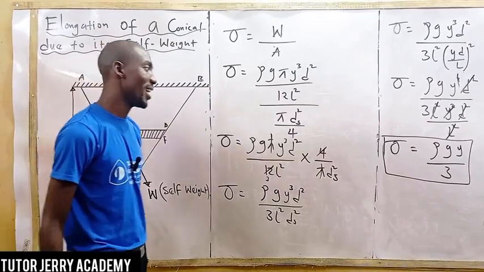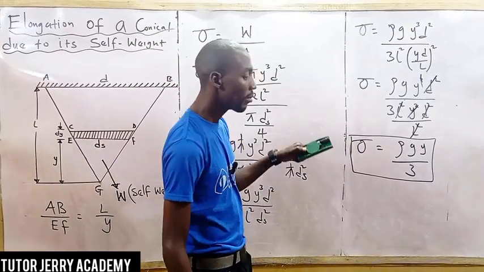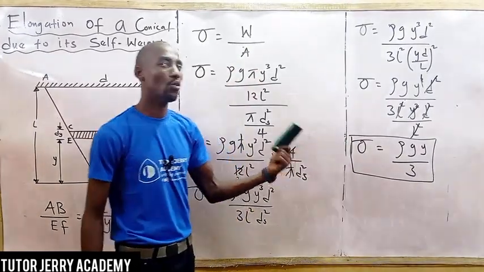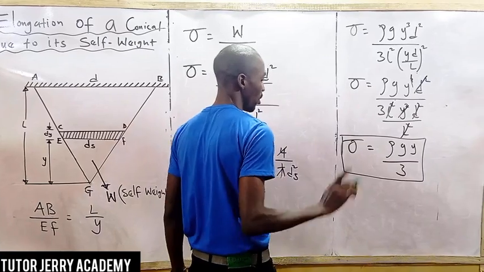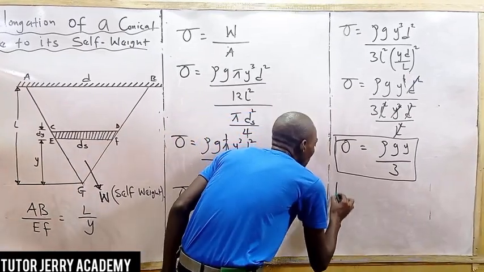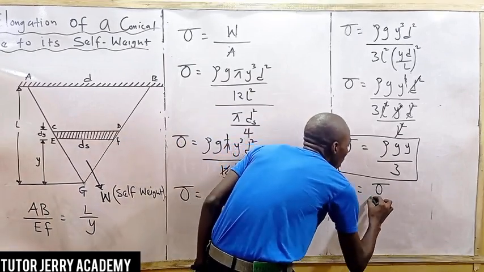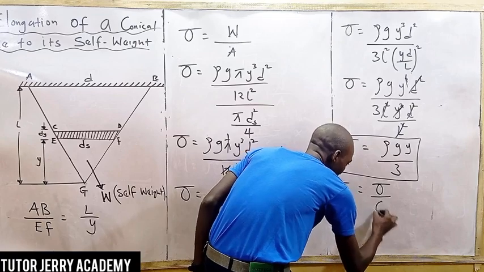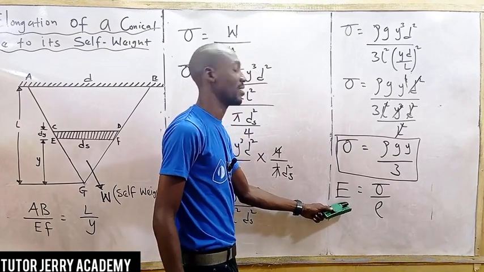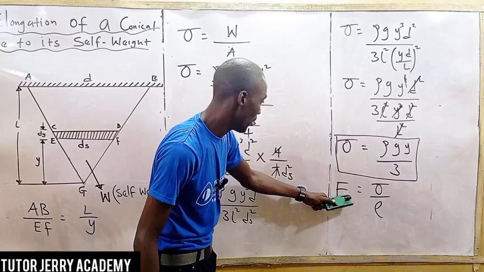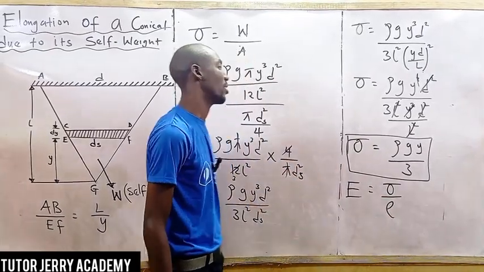All right, the next thing is we're also going to recall from our Hooke's law that Young modulus, denoted by E, equals stress all over strain, from our modulus of elasticity. It's also known as Young modulus.